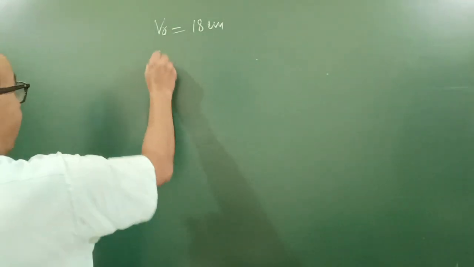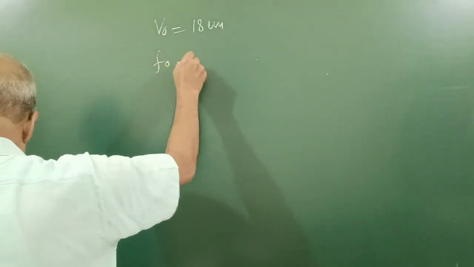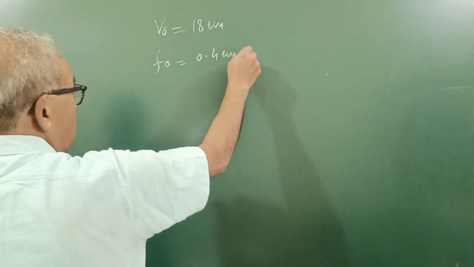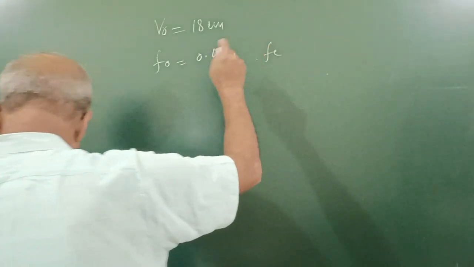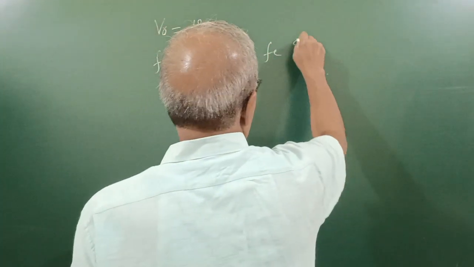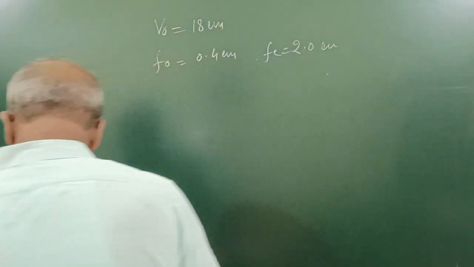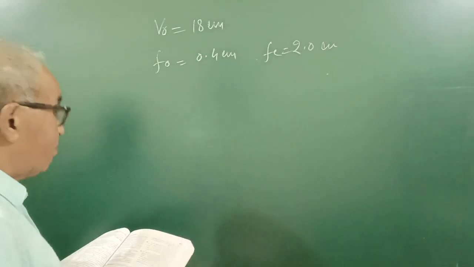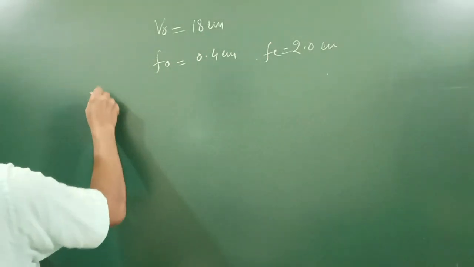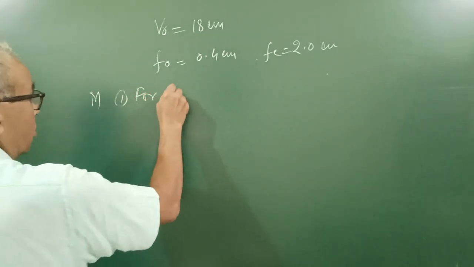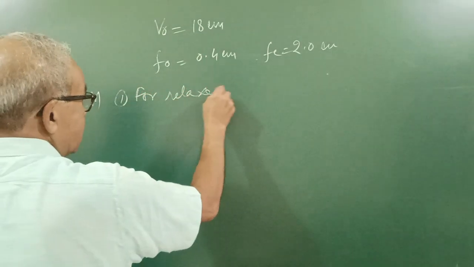If FO is equal to 0.4 centimeter and FE is equal to 2.0 centimeter, calculate the magnifying power, calculate M. Number 1, for a relaxed eye.